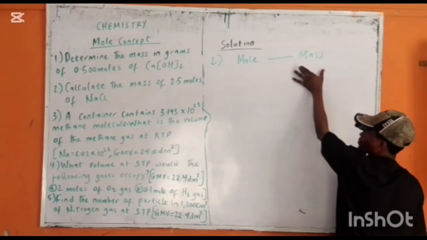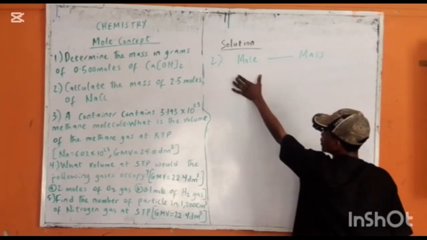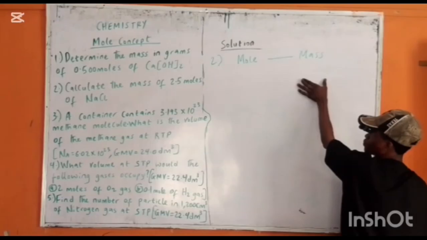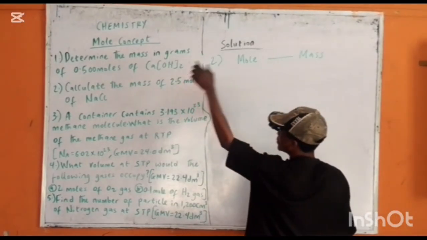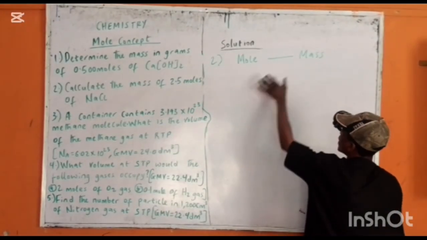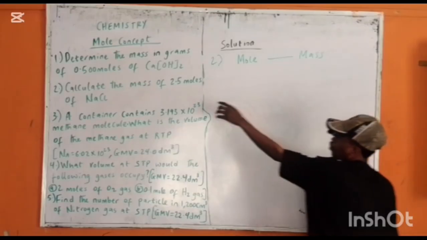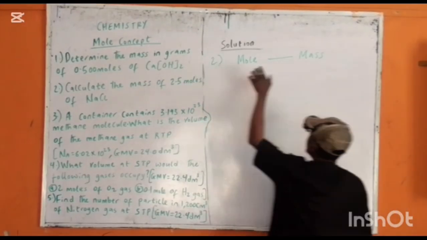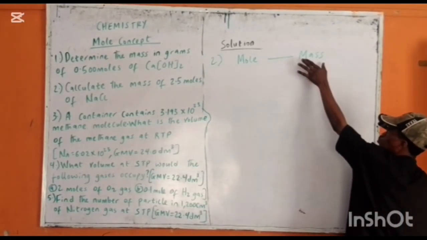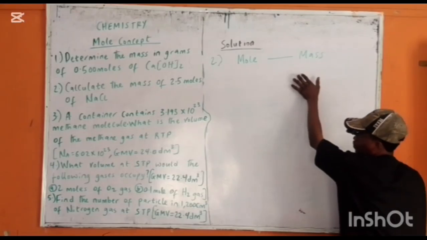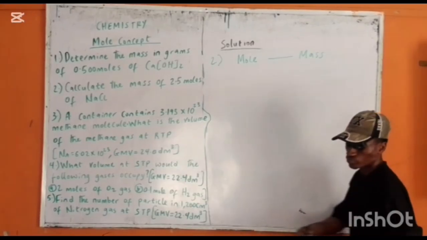To mass. So my 1 mole is here. My 1 mole is here also. For number 1, my 1 mole is here. My 1 mole for calcium hydroxide, I converted it to mass. That's for number 1 and number 2.